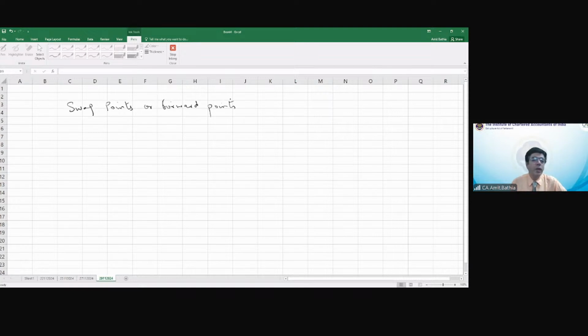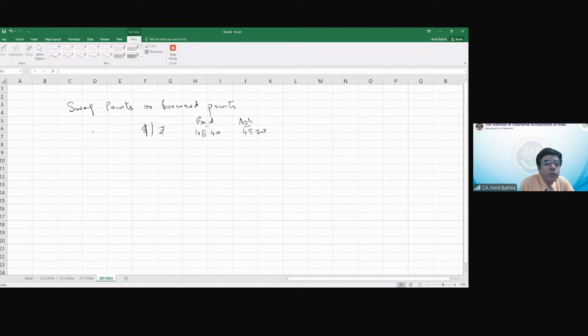Now, what do you mean by swap points or forward points? Say, for example, my dollar to rupee quotes are given like this, that is bid and ask, as 48.40 and 49.20.